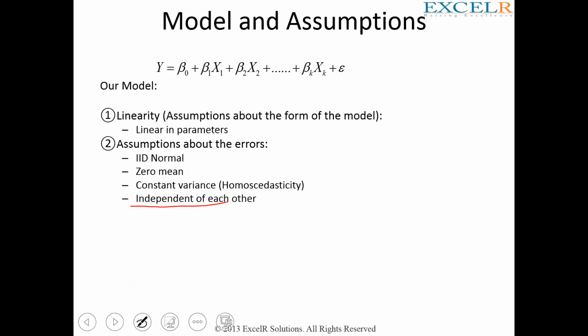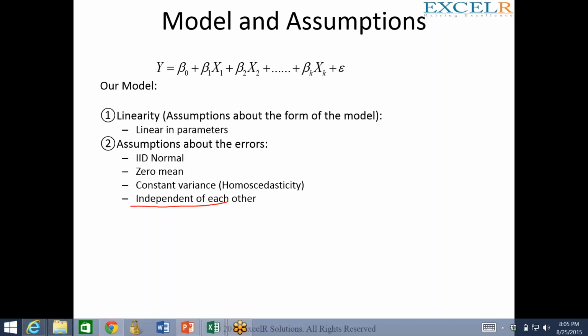What if this assumption does not hold good? If this assumption is violated, what do you call that problem? Anyone? Aditya, you have already told that. It is called autocorrelation.